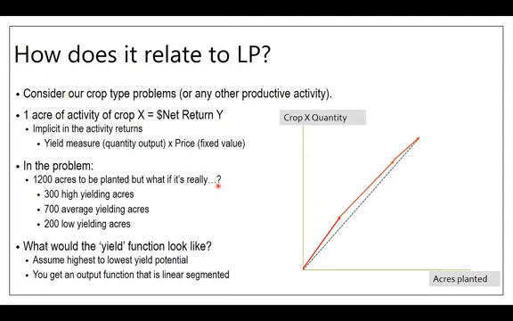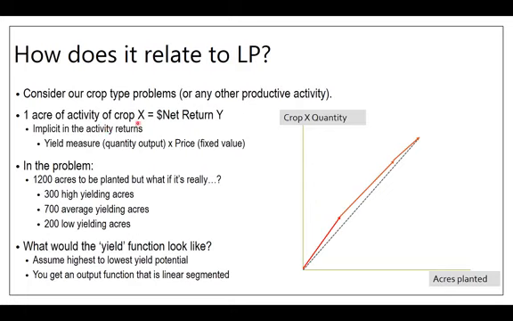That's not really our topic in this class, but we have a similar issue that we might think about. How does it relate to linear programming? How does this linearity problem that we just saw there, and thinking about rates and getting the rates right, how might it show up for us? Well, let's consider again, our crop type problems are really any productive activity where the output per unit input could be an important measure.